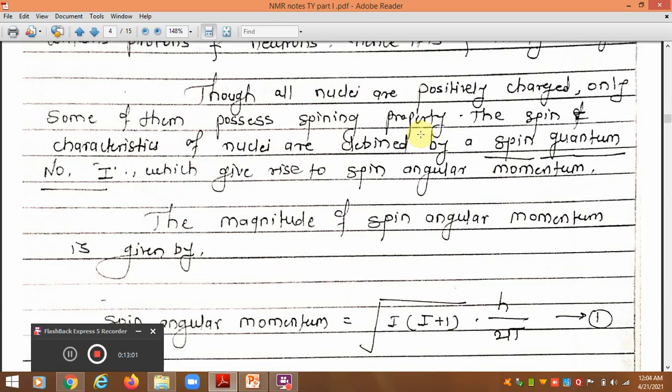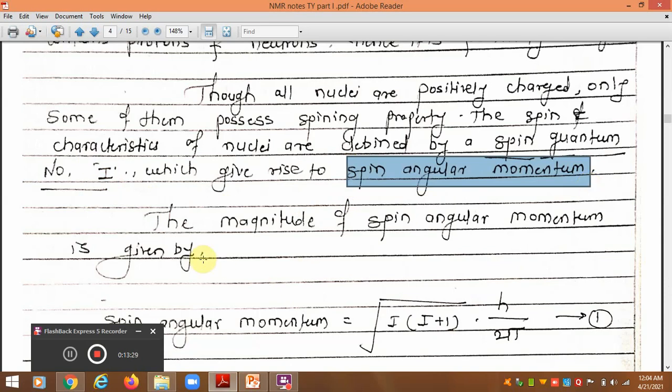Only some nuclei can show the spinning property, and the spin characteristic of nuclei is defined in terms of a number, known as the spin quantum number, indicated by I, which gives rise to the spin angular momentum of the nucleus.